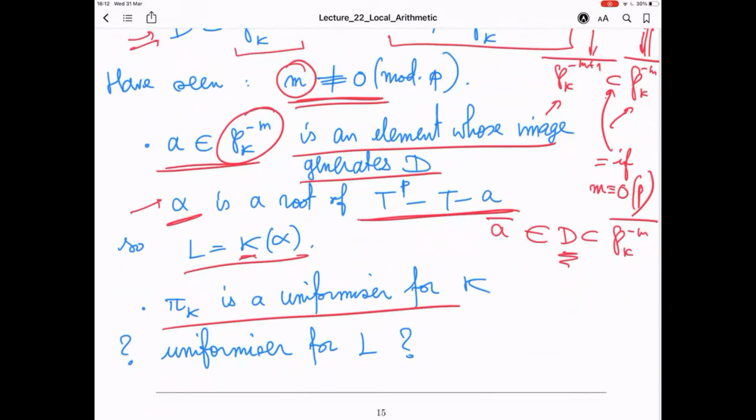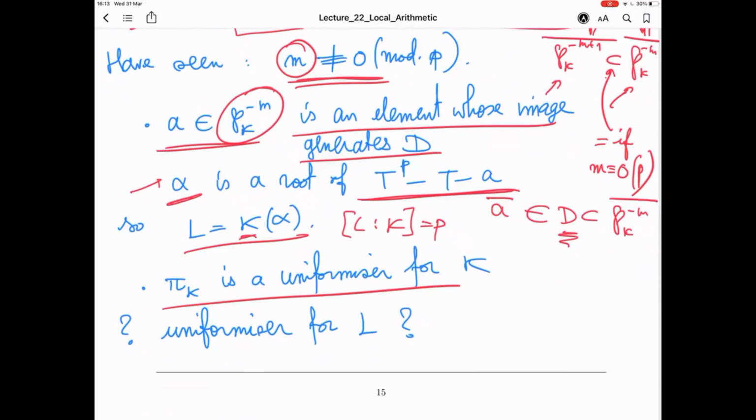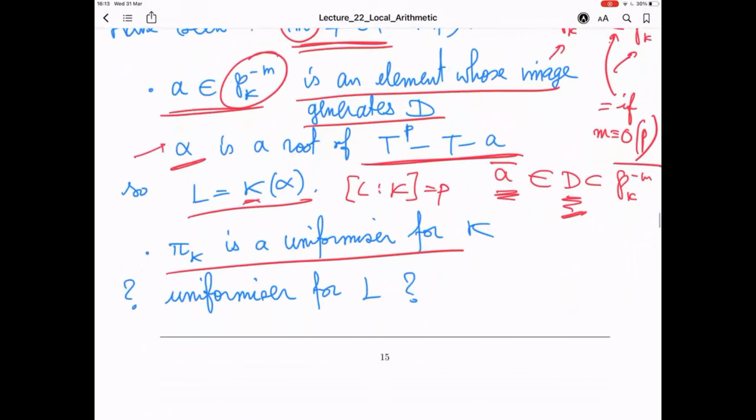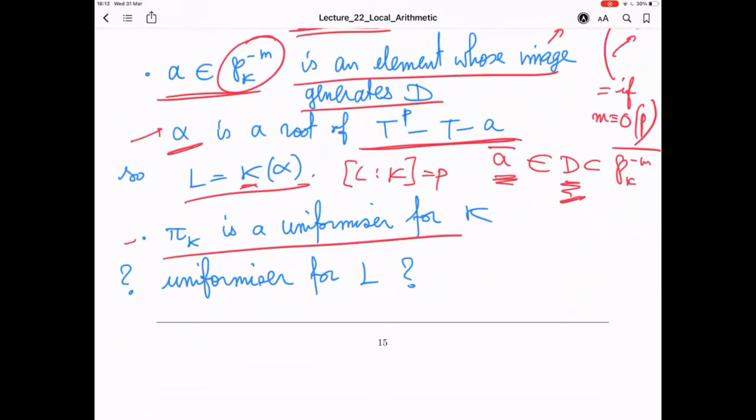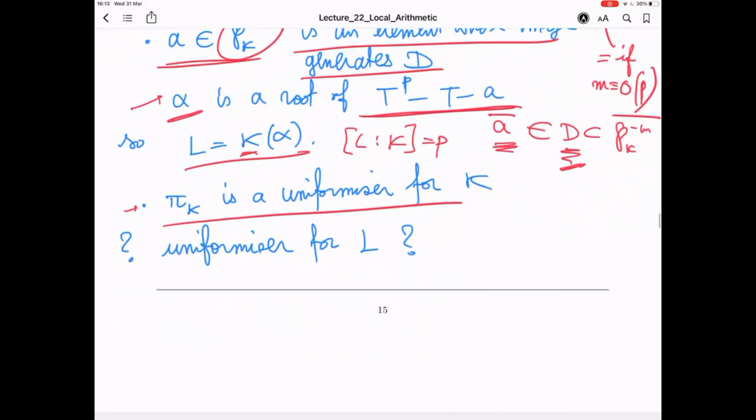And L is the extension of k of degree p, of course, which is obtained by adjoining this alpha. Here a is something whose image in k^+ bar generates the line D. And I fix a uniformizer of k.